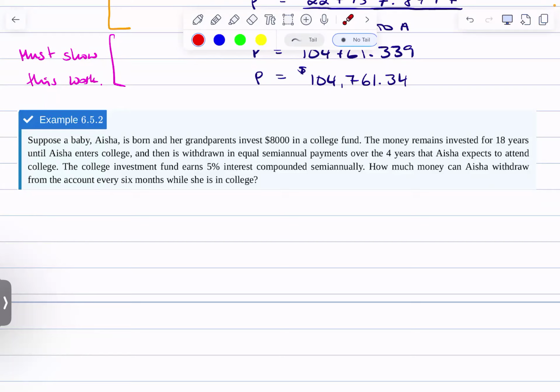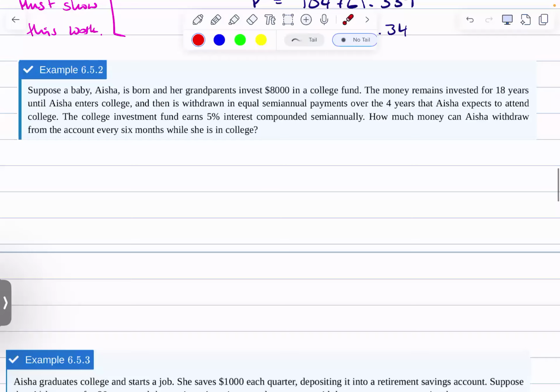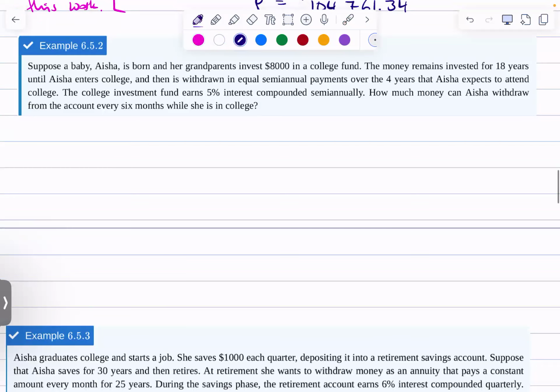Then that accumulated amount, that future value, is going to fund the withdrawals for the next 4 years, right? And so this is where it starts getting kind of hard if you don't draw it out in some way, right? And so that's why I introduced the timelines earlier. But what would this look like?